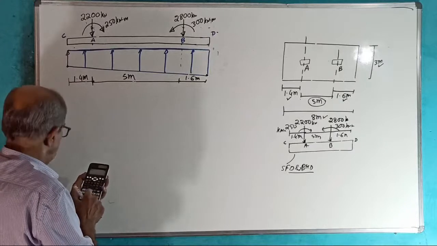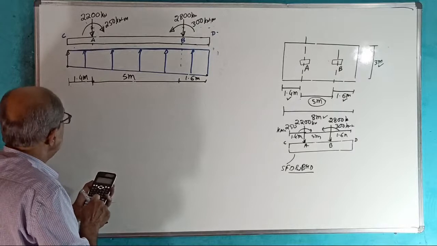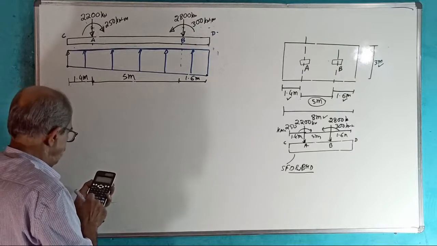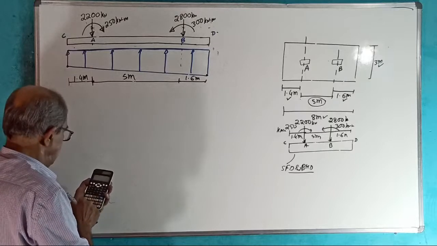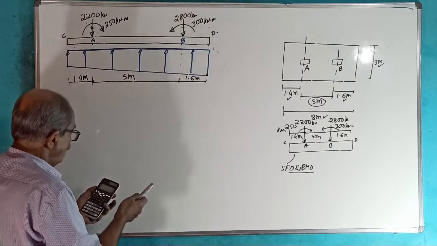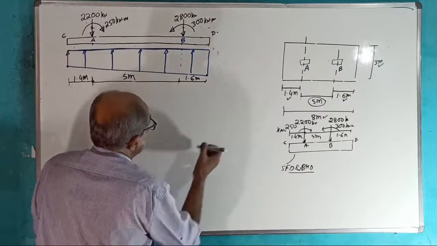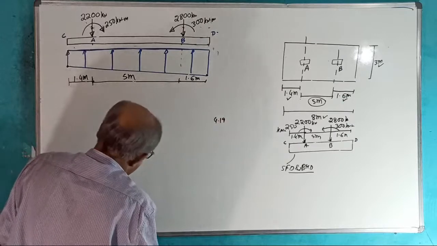2200 into 1.4 plus 2800 into 6.4, plus 250 minus 300, I will divide by 5000. That is 4.19 meter. Correct? 4.19 meter.